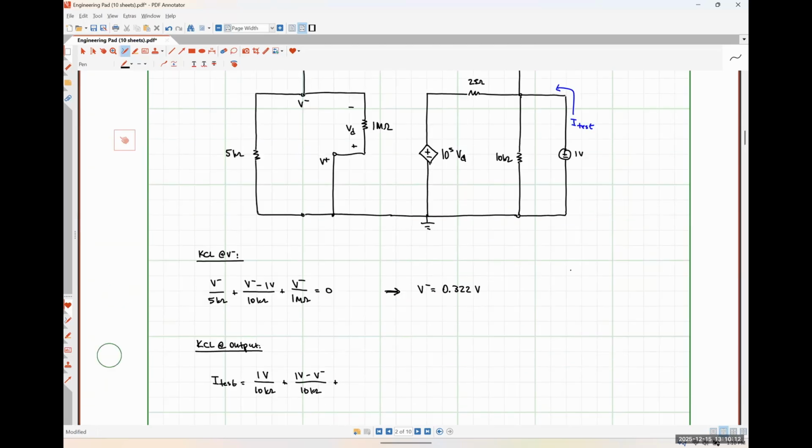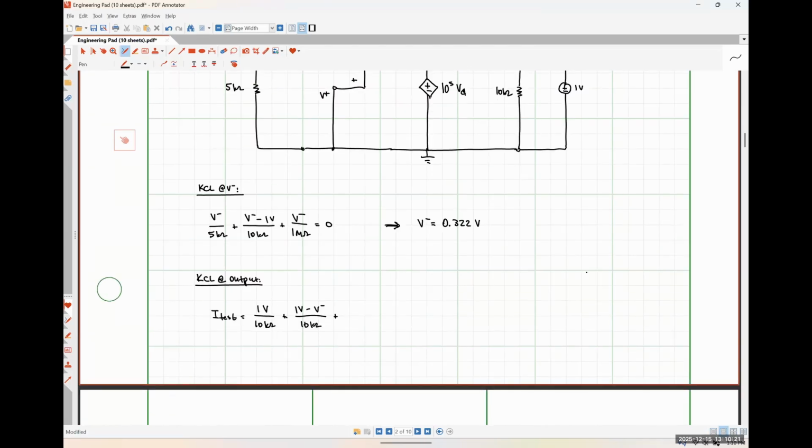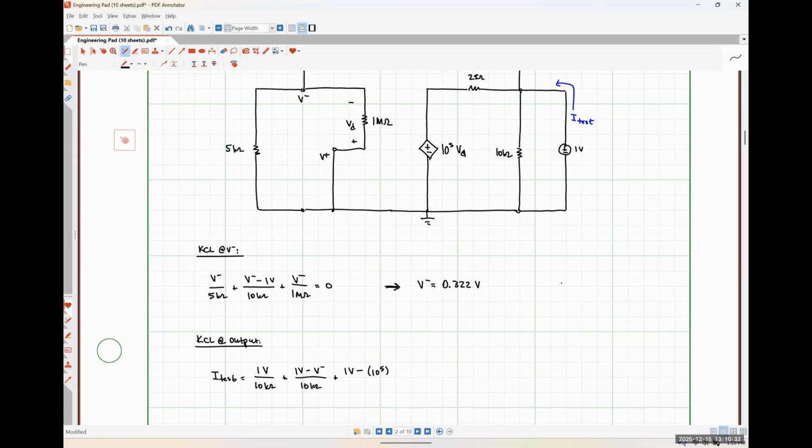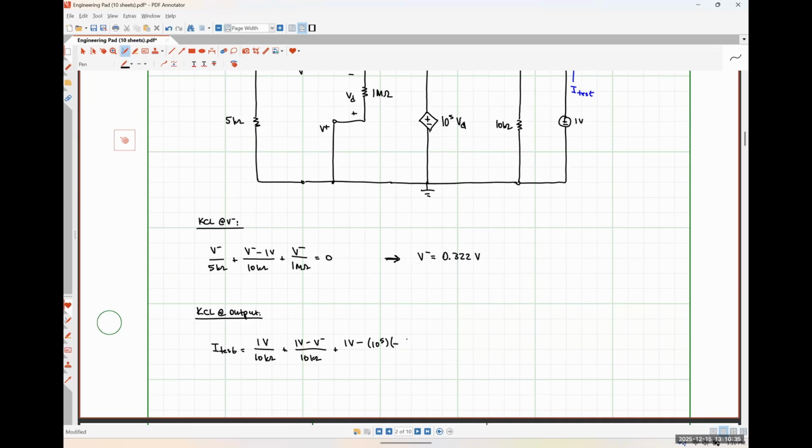And lastly, the current flowing to the left through the 25 ohm R out is going to be 1 volt minus 10 to the 5 VD. So let me just write this down. 1 volt minus 10 to the 5 VD. Well, in this case, VD is going to be 0 minus V minus. So I'm just going to write that as negative V minus divided by 25 ohms.